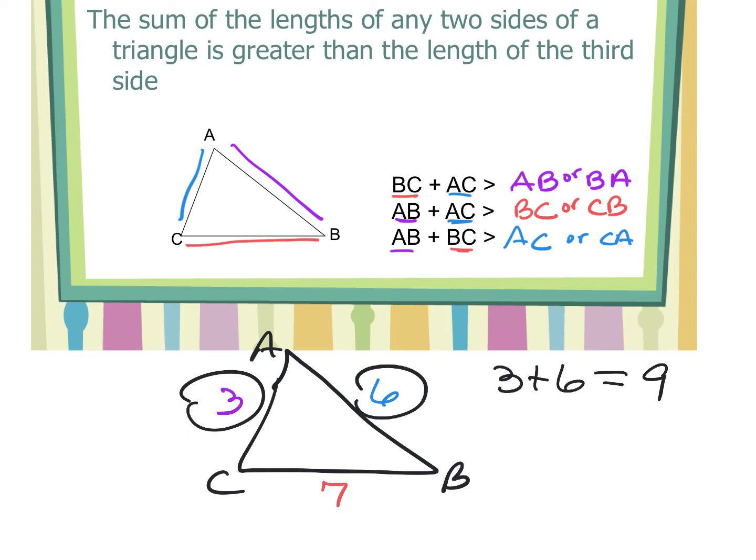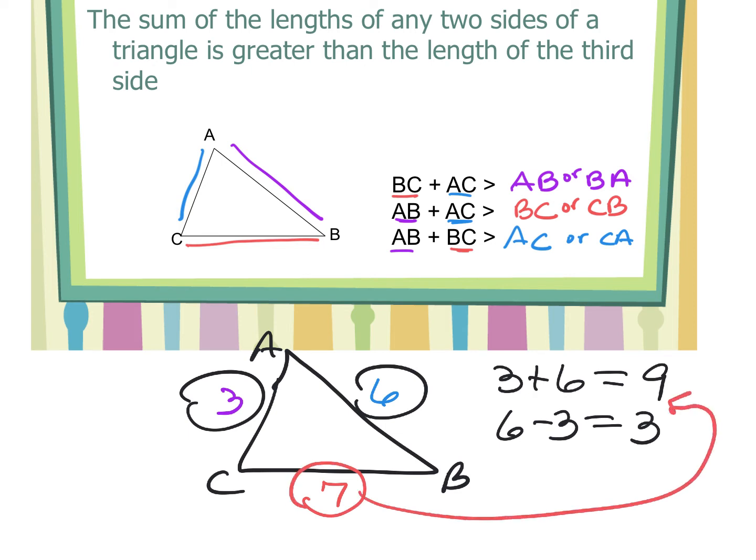When it's going to ask you to give the range of numbers, what you're also going to do is take the two smaller numbers and also subtract them. And this third side, this red one, should be a number that's in between the sum and the difference. Has to be in between 3 and 9, which it is. So this would have been 3 good numbers that would form a triangle.